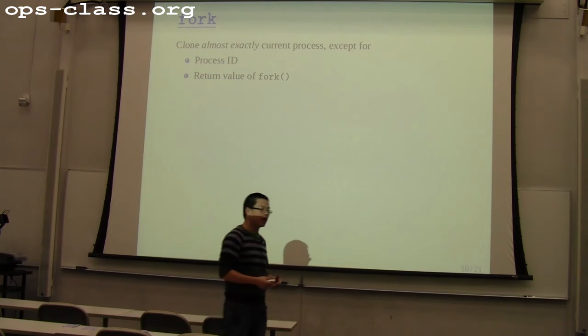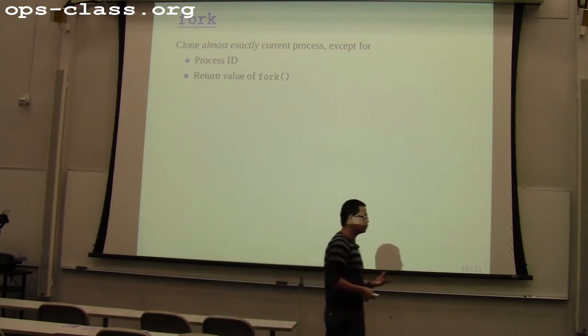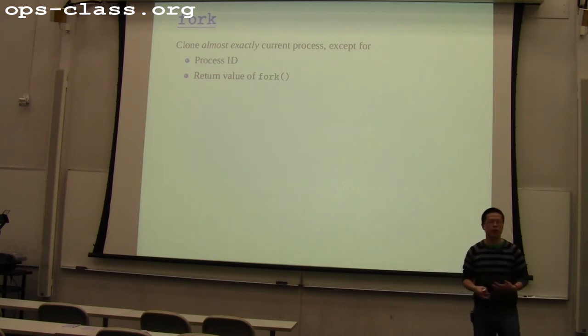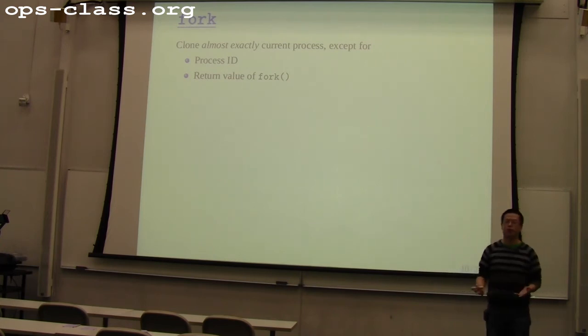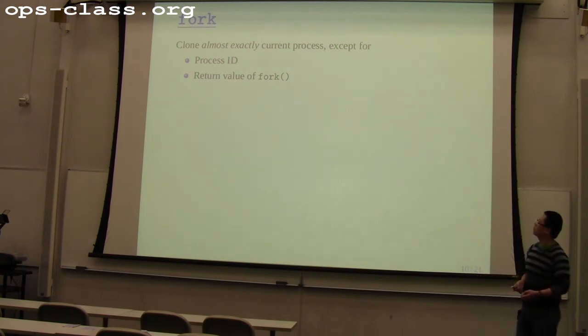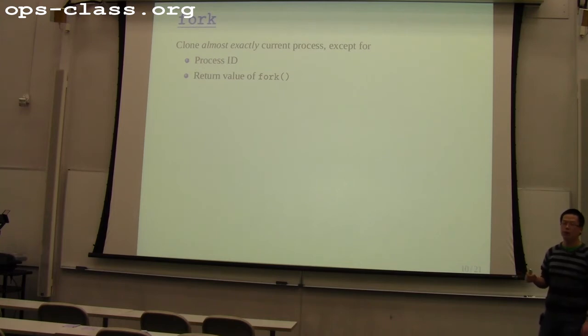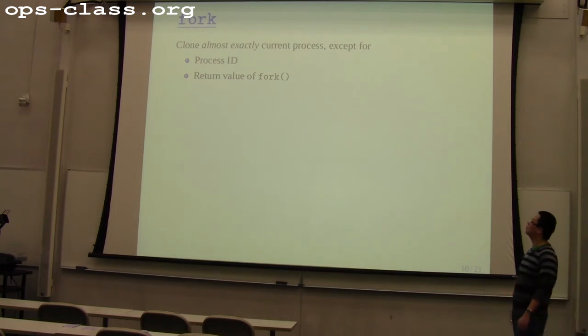One is the process ID. It's kind of trivial because every time you create a new process, you want to allocate a new process ID for it. Another different thing is the return value of fork. As in the previous example, if fork returns 0, meaning we are the child process. If it's a positive integer, we know it's the child process PID.